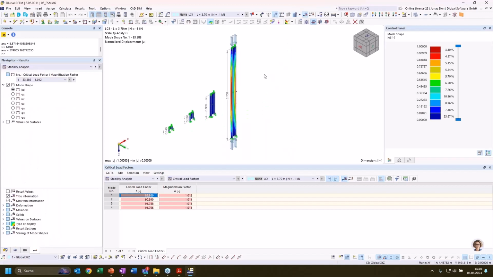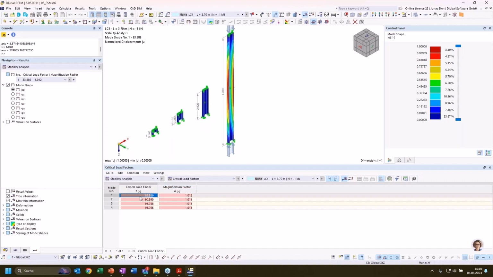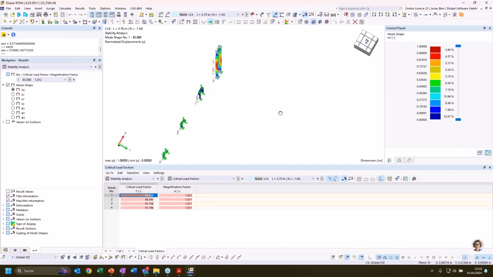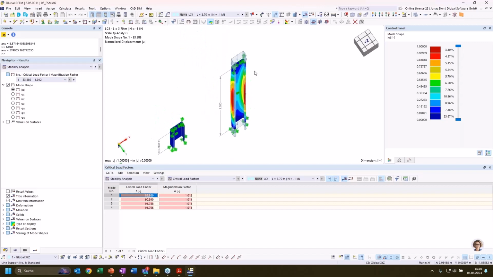And if we look at the results of the longest segment here, this 3.7 meter long C section, I have the first critical load factor at 84 kilonewton, and I can see that the mode shape resembles flexural torsional buckling.